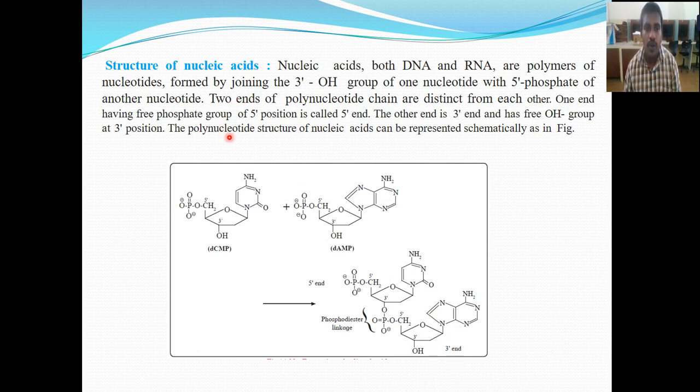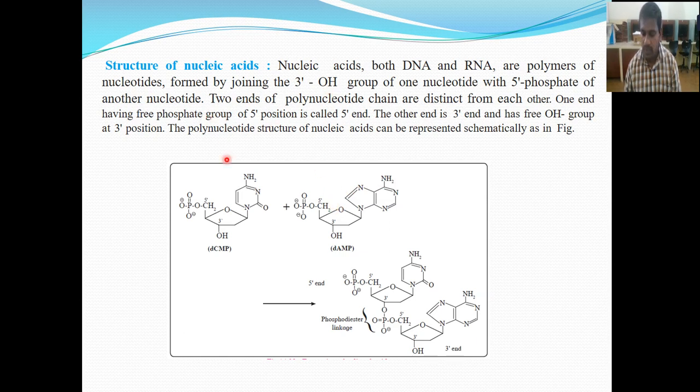This polynucleotide structure of nucleic acid can be represented in this figure. So nucleic acids, both RNA and DNA, are polymers of nucleotides formed by joining the 3 prime hydroxyl group with the 5 prime phosphate of another nucleotide. The two ends of the polynucleotide chain are distinct: one end has the phosphate at the 5 prime position, and at the 3 prime end the hydroxyl group is free.